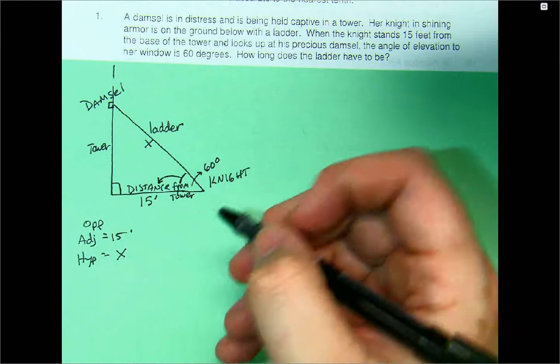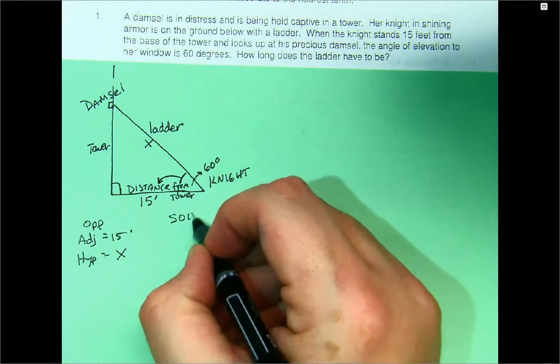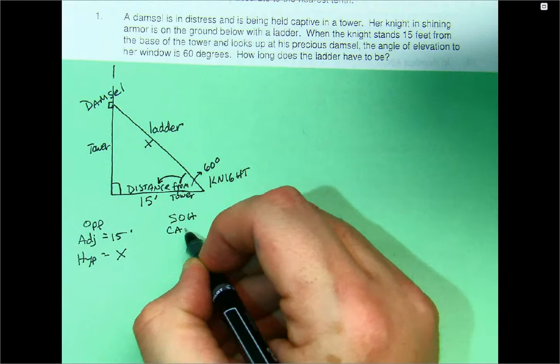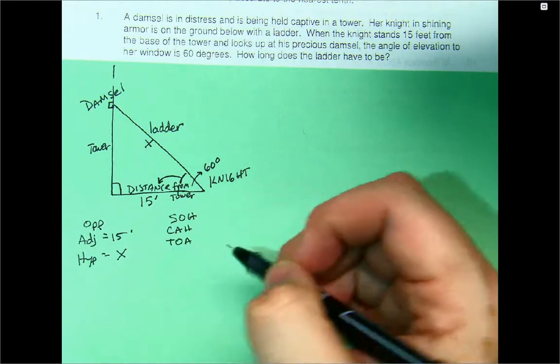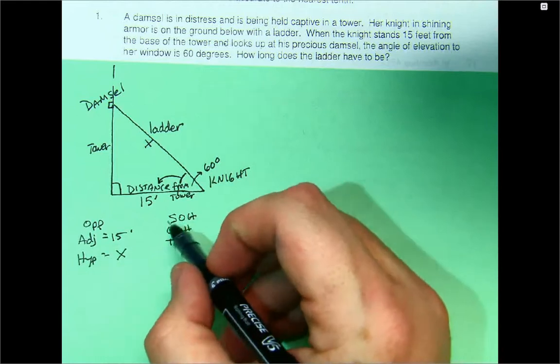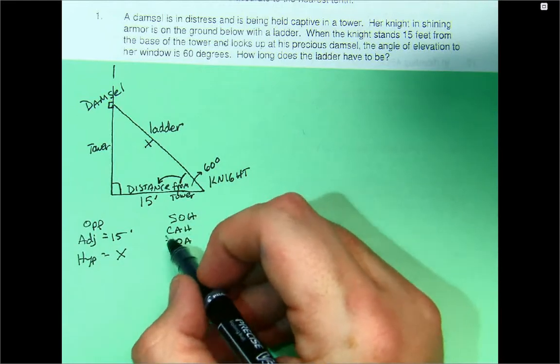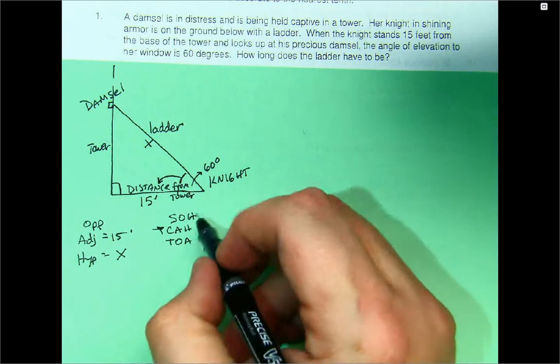So now we think of which one we are going to use that has the adjacent and the hypotenuse with it. Cosine? Yeah, so we're going to use the cosine because that's the adjacent side and the hypotenuse.